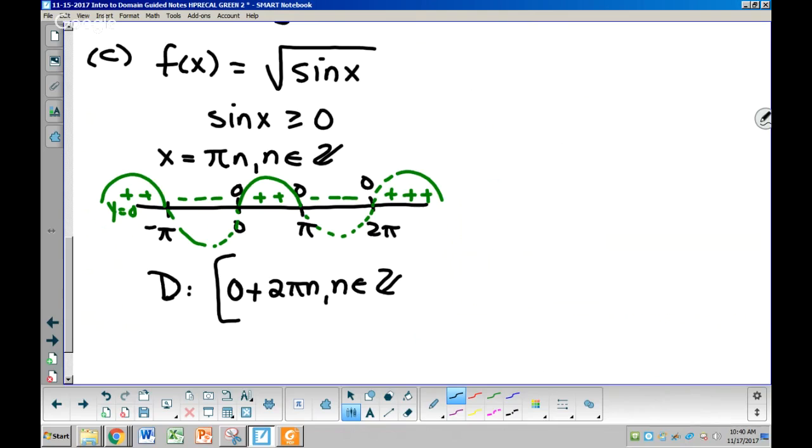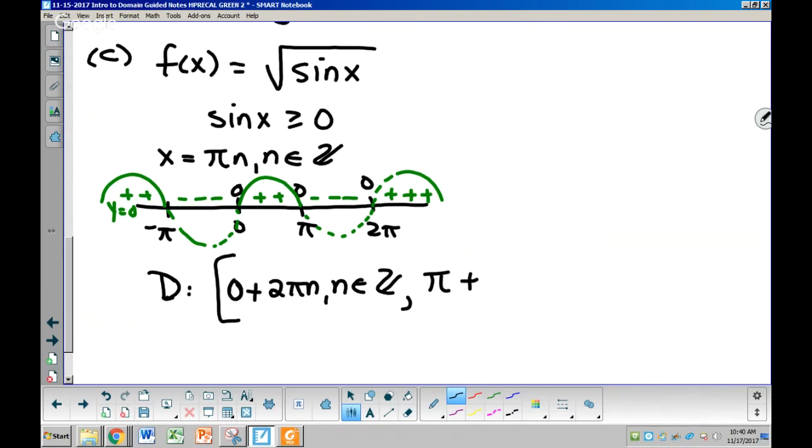Yes. Why would it be 2 pi n if it goes below? Okay, I'm saying my intervals are going to be, I'm starting at 0. When do I hit the next interval where I have positive numbers? Here, right? And that's 2 pi away. Let's do where does the first one end? Pi.